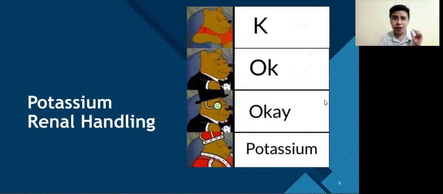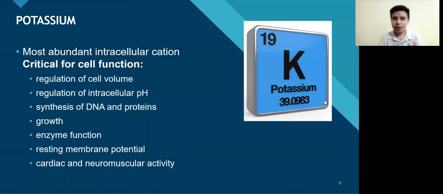Remember, there is a very small amount of potassium in the extracellular fluid compartment, in the plasma. It's very minimal. That's why how the kidney adjusts your potassium is very intricate, very fussy. Why? I'll tell you later. So again, potassium is the most abundant intracellular cation.